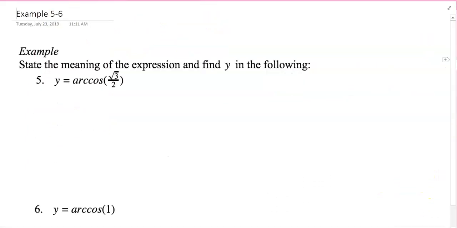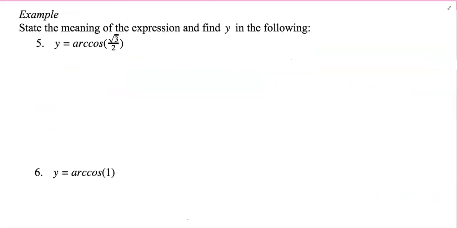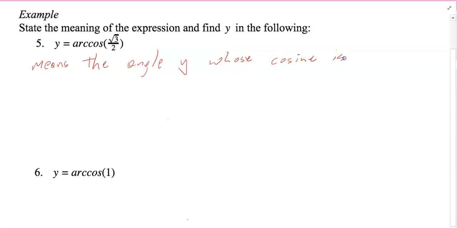Let's look at an example. Say the meaning of the expression and find y in the following. So this means the angle y whose cosine is radical 3/2 in the interval 0 to pi inclusive.